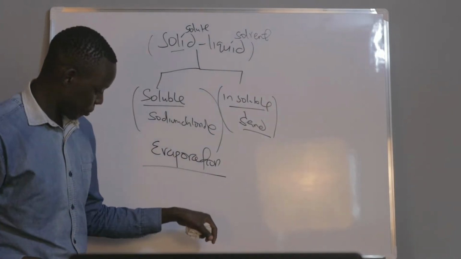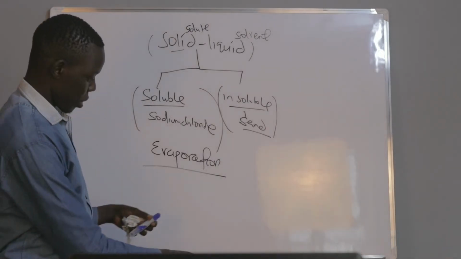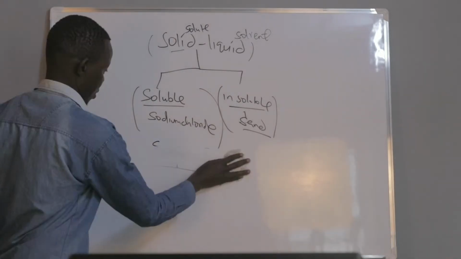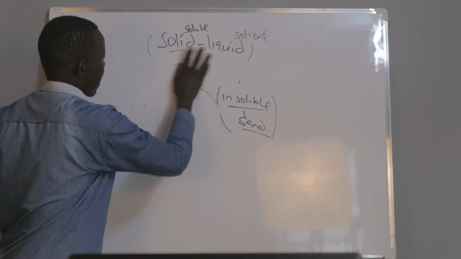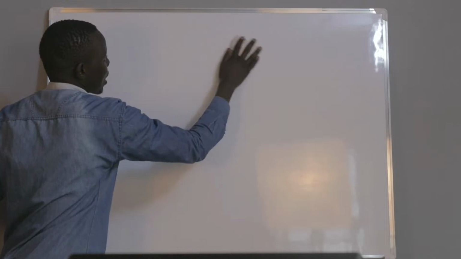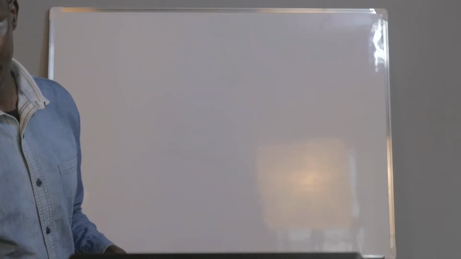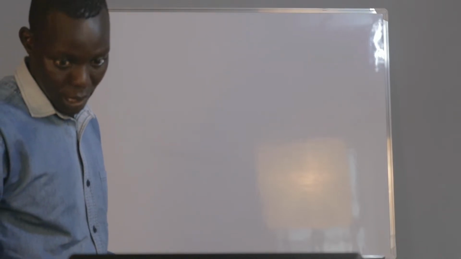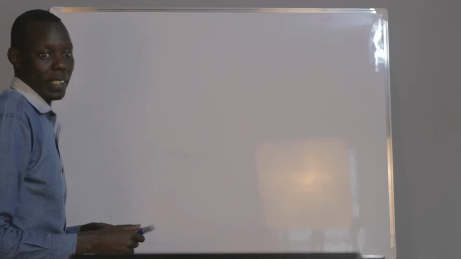Okay. So I'm saying I want to give you a question. Describe the process on how to separate the following. Those following on YouTube, make sure you answer this question. How do we separate the following?